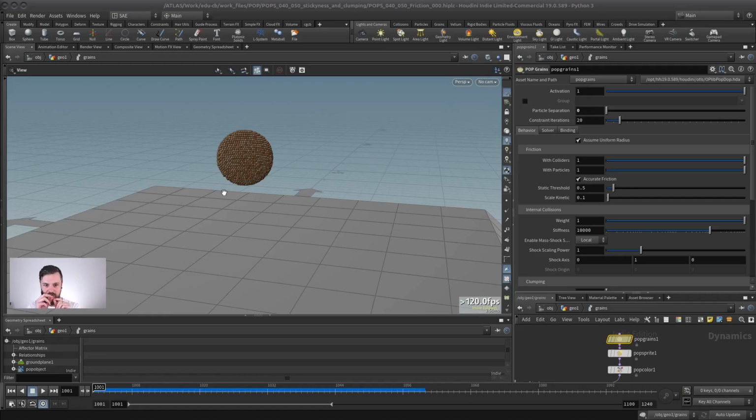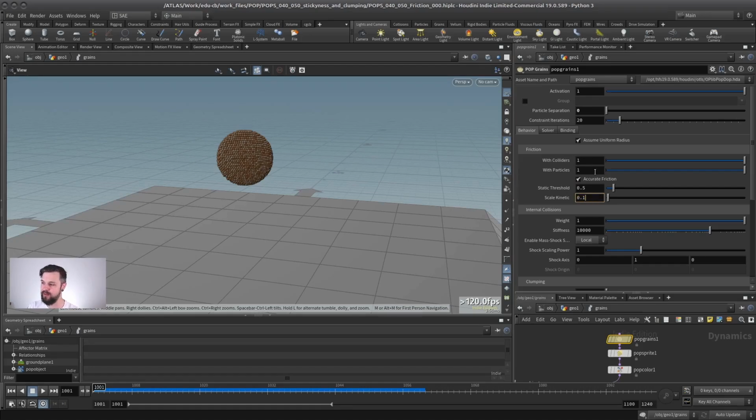But as soon as it falls below a certain speed, and that speed is defined here with a static threshold, 0.5, then it will be considered sticky or with friction, and then it will lose its kinetic energy, so its speed, by this amount with every iteration.